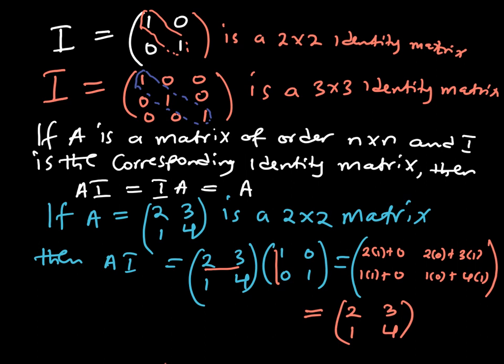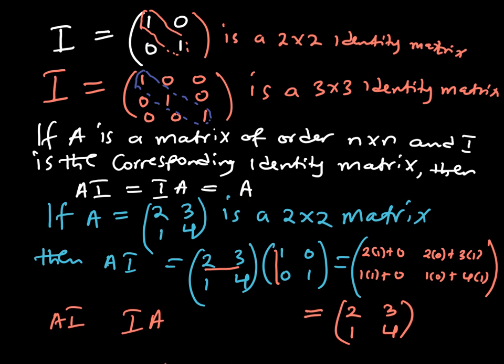It remains unchanged. Let's check the other way. This is A times I. What about I times A? In matrices, the order of multiplication is so important. But when it comes to identity matrices, there is something so unique. The order in which you multiply does not matter.